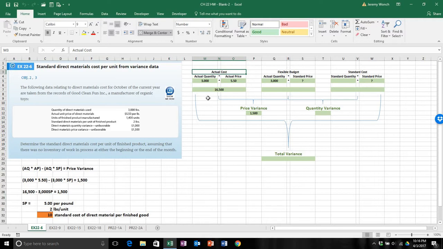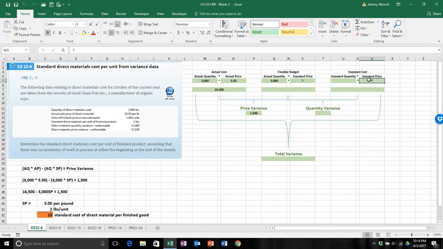The flexible budget is we take our actual quantity over here and our standard price and move it over here. And then the difference between our actual cost and our flexible budget is going to be the price variance. In the same way, the flexible budget minus the standard cost is going to isolate the quantity.